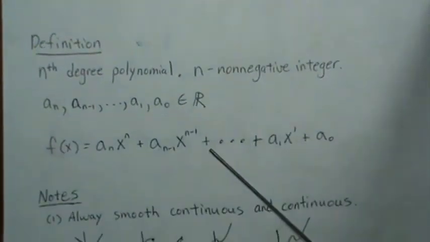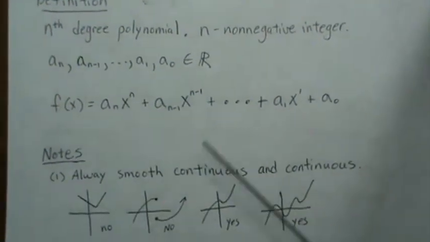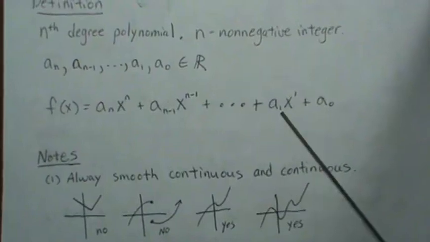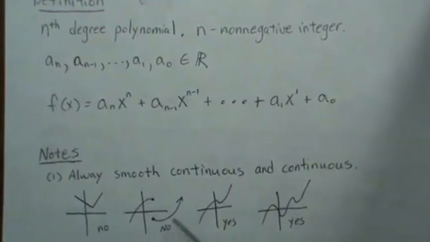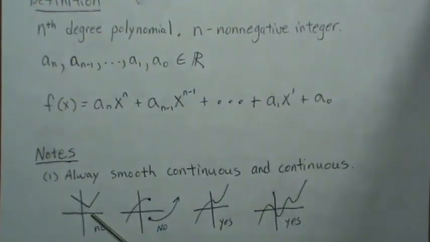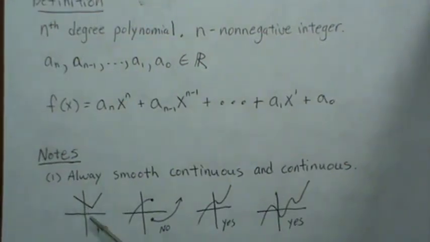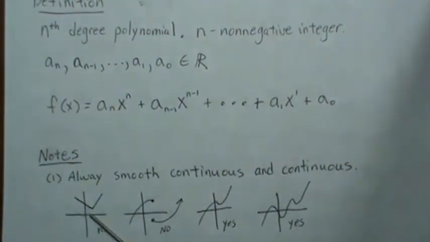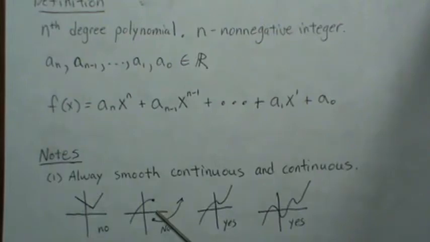We will look at some notes here. A polynomial is always continuous. So if you note this one here where it has a sharp point or edge, that's not a polynomial. If it's discontinuous, meaning there's a break in it, that's not a polynomial. And any other possibility is potentially a polynomial.